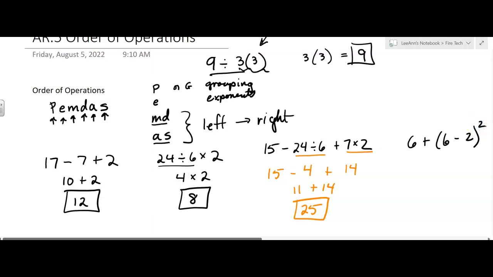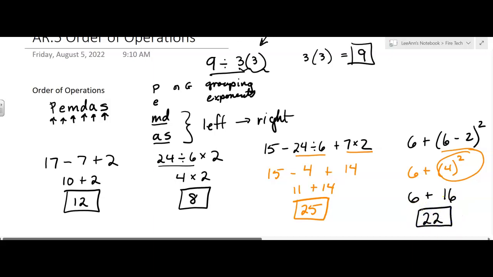First we do the parentheses, so we're going to write 6 plus 4 squared. I like to put the 4 in parentheses. That's probably just a habit of mine. I guess if you didn't, there wouldn't be any problems on this particular problem. Now I have to do the exponent. So I'm going to have 6 plus, now remember that's 4 squared. 4 times 4 is 16. And then finally I can do the addition, so I'm going to get 22 here.